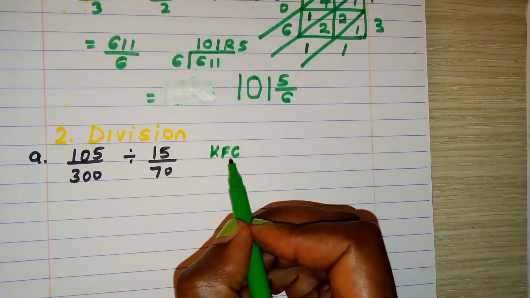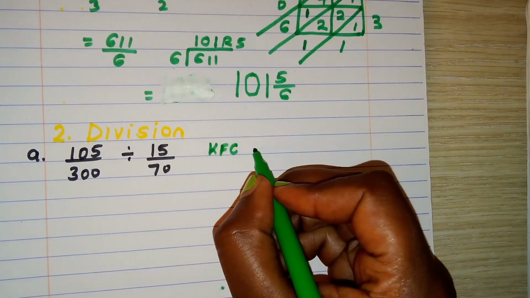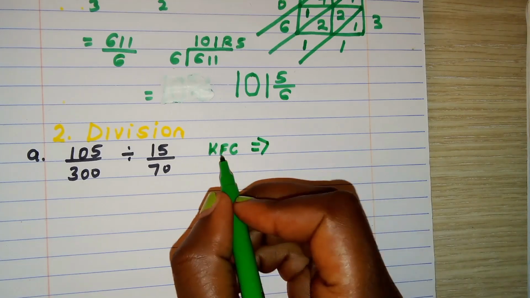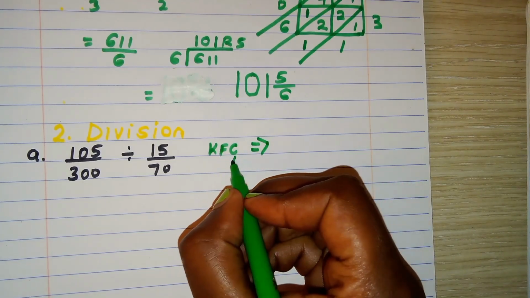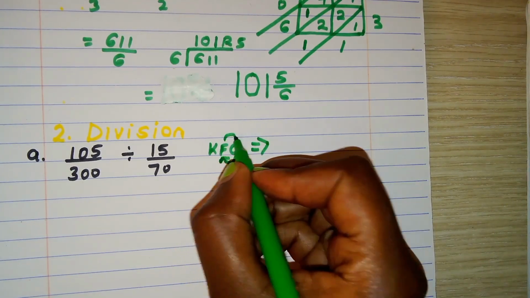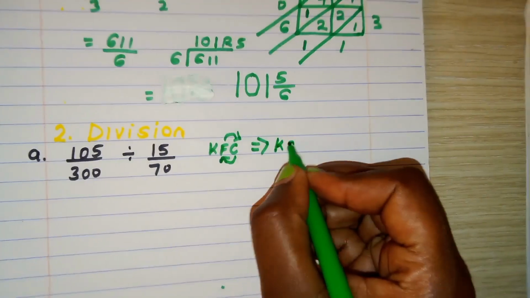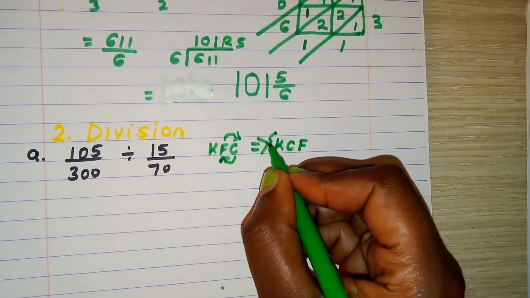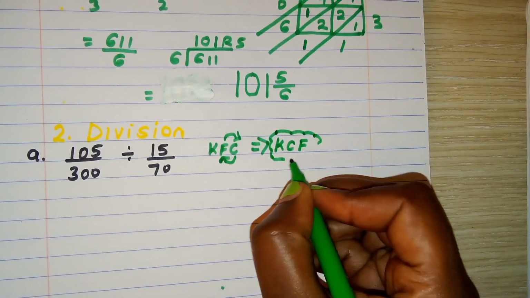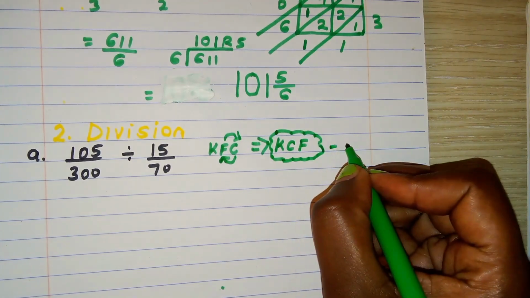So we all know what is KFC, just remember the acronym. But now I want you to flip this one, so it becomes KCF. Now this one applies to division.